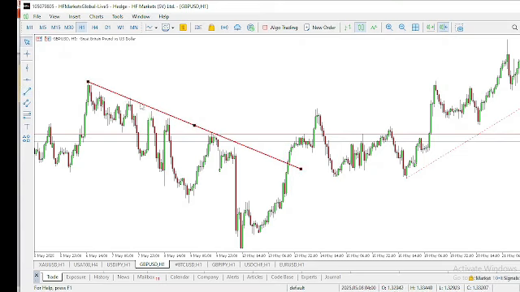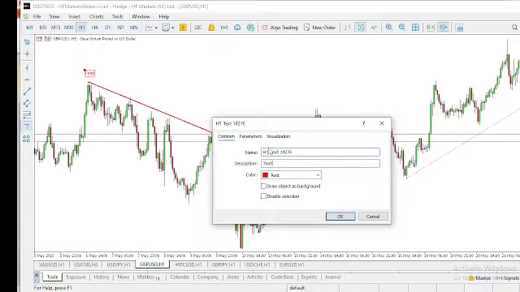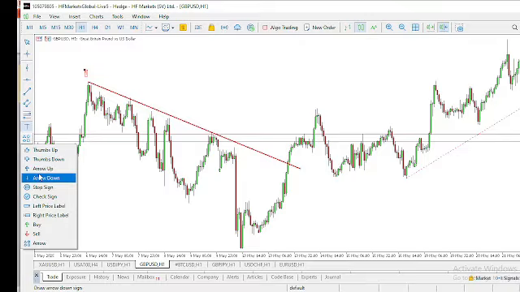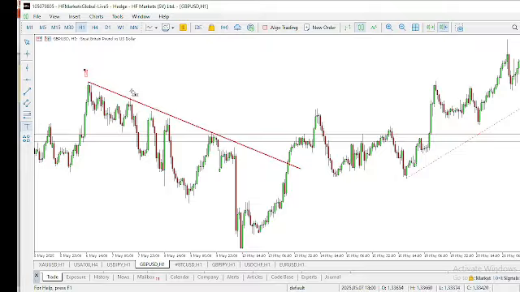You can see now, if this is my point one, and I have point two, like this is my point two.